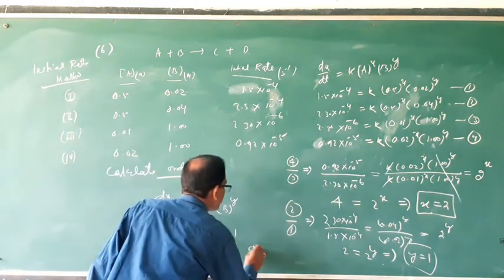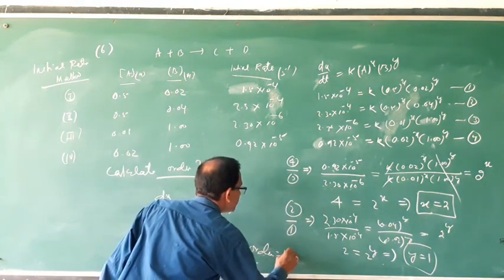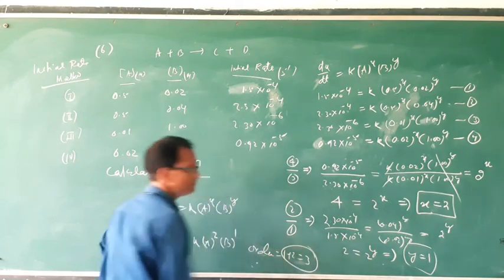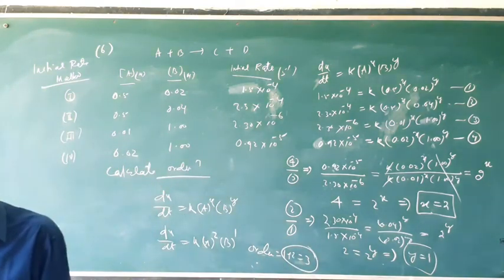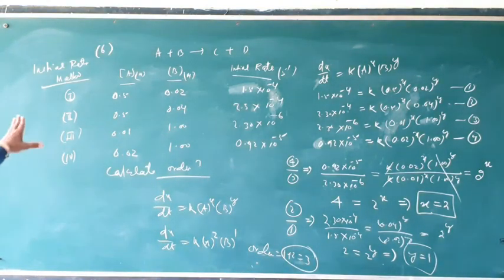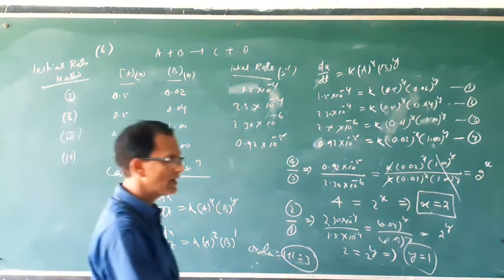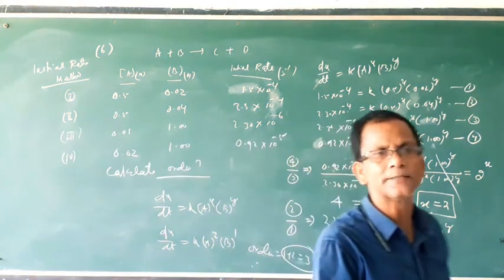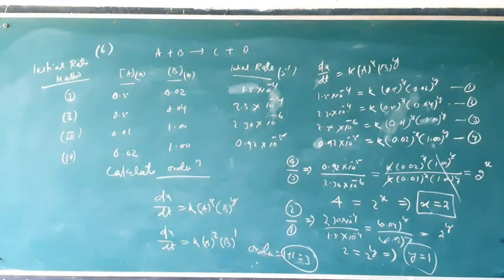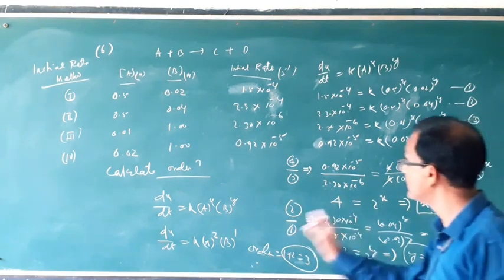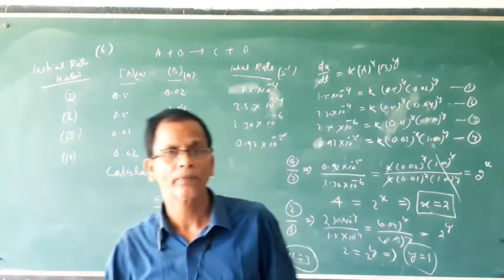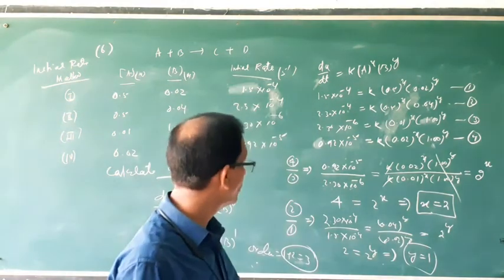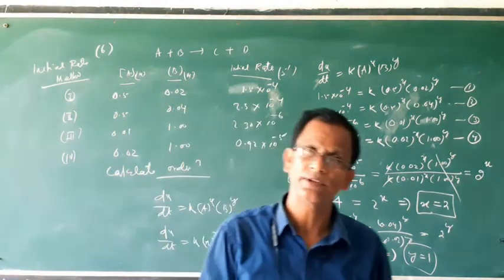Now the order will be 1 plus 2, that is 3. So it is a third order reaction. This method is called the initial rate method. You can calculate the order using this experimental data. So this is regarding the different types of problems for the calculation of order, rate constant and the rate of reaction. Thank you.